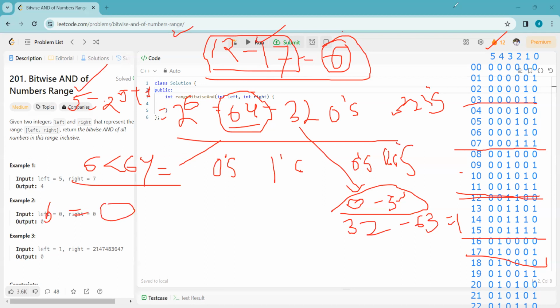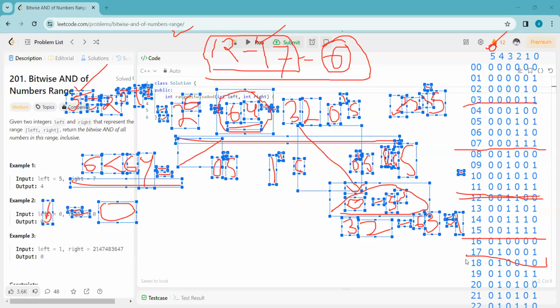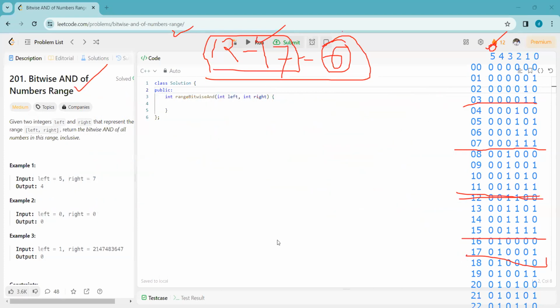the bitwise AND of that number will be 0. That means for the fifth bit position, the resultant bitwise AND of this range will be 0. Now let's check for the fourth bit. For the fourth bit, our pattern will repeat from 2 to the power 4 plus 1, that is 32.